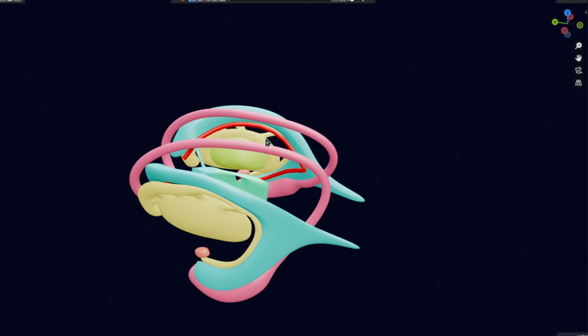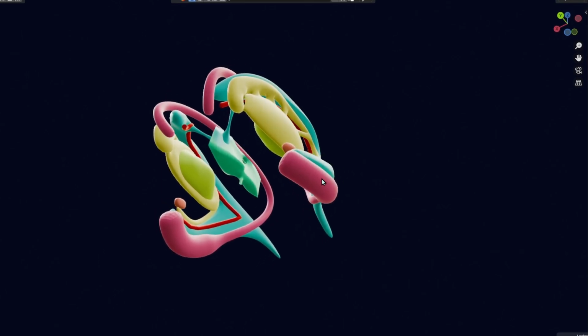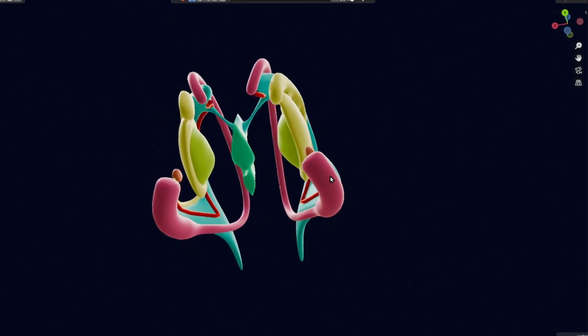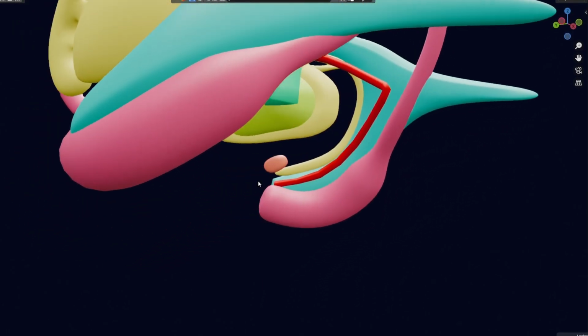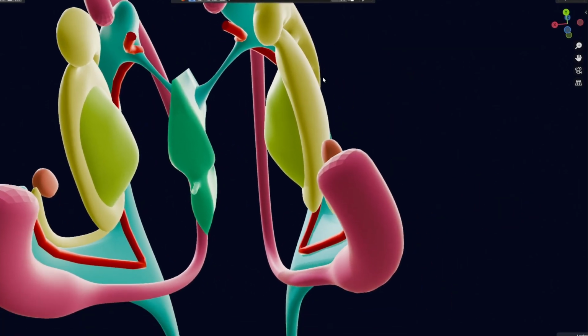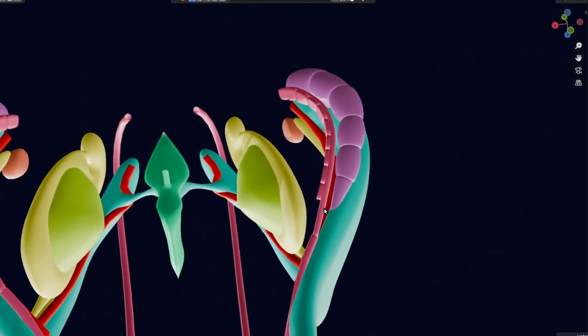That is called indusium griseum. I'm not perfect at pronunciation, but let me write it for you. So indusium griseum develops from that, and the hippocampus proper as well as the dentate gyrus develop from this distal part.